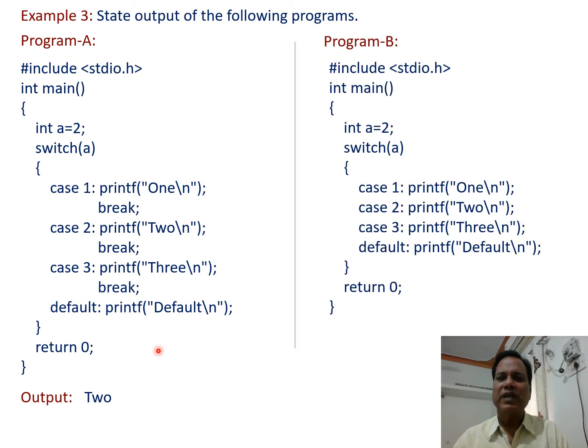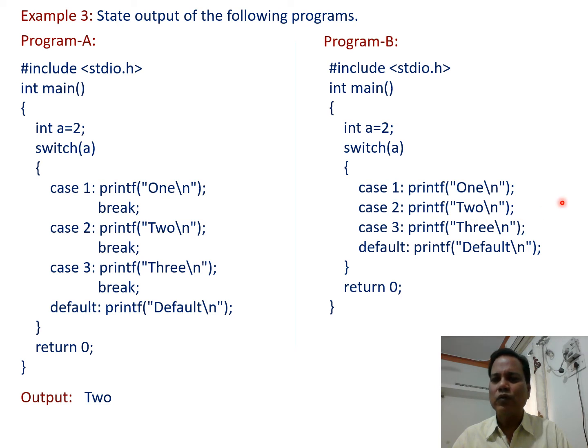Now if we see another program, in this program break is not used. So what would be the output of this program? Here a equal to 2. So case value 2 is satisfied, and we get 2 printed on the output screen.